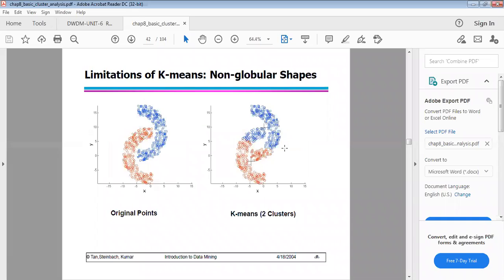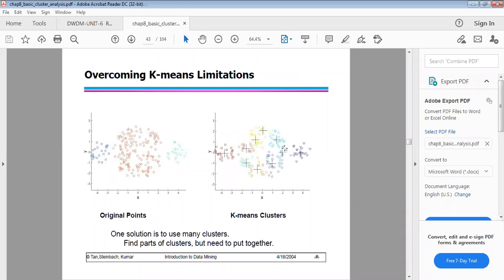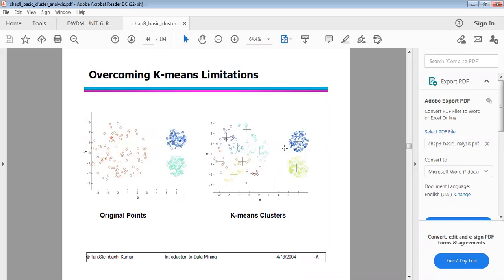The limitations of k-means for non-globular shapes: globular shapes, non-globular shapes. Overcoming the k-means limitations: these are the original points and the k-means clusters. One solution is to use many clusters, find the parts of the clusters, but then they need to be put together.